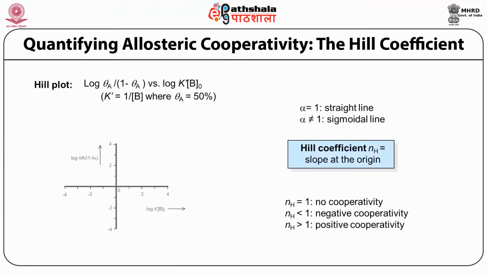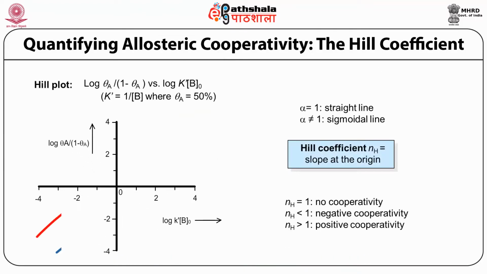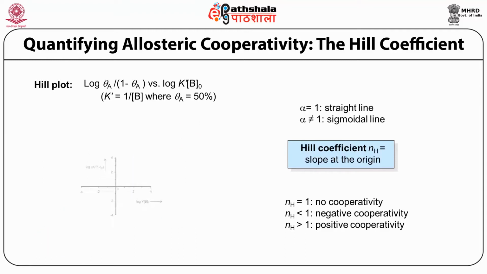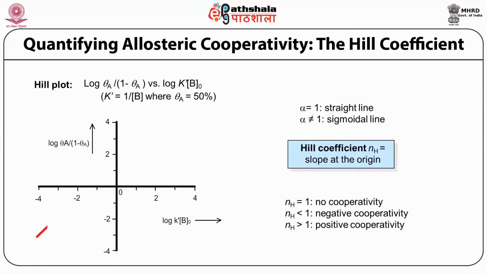On a macroscopic scale, to quantify this allosteric cooperativity, we must know the Hill coefficient. The Hill coefficient is normally given by eta H, and we get it when we plot log of theta A divided by 1 minus theta A versus the log of K' B, the ligand concentration.